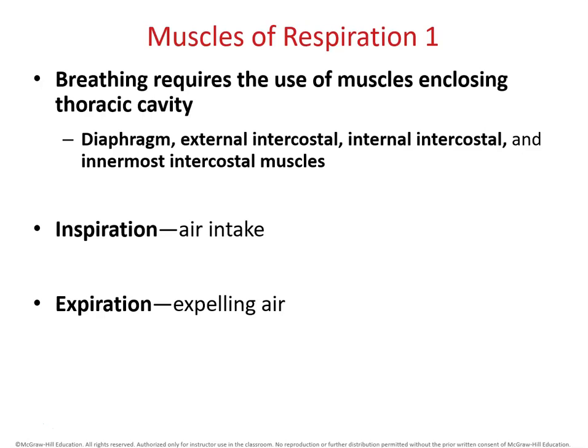So breathing requires us to use the muscles that enclose the thoracic cavity. So these muscles are the diaphragm, the internal intercostal muscles, the external intercostal muscles, and the innermost intercostal muscles. So we inspire when we bring in air and we expire when we push air out.